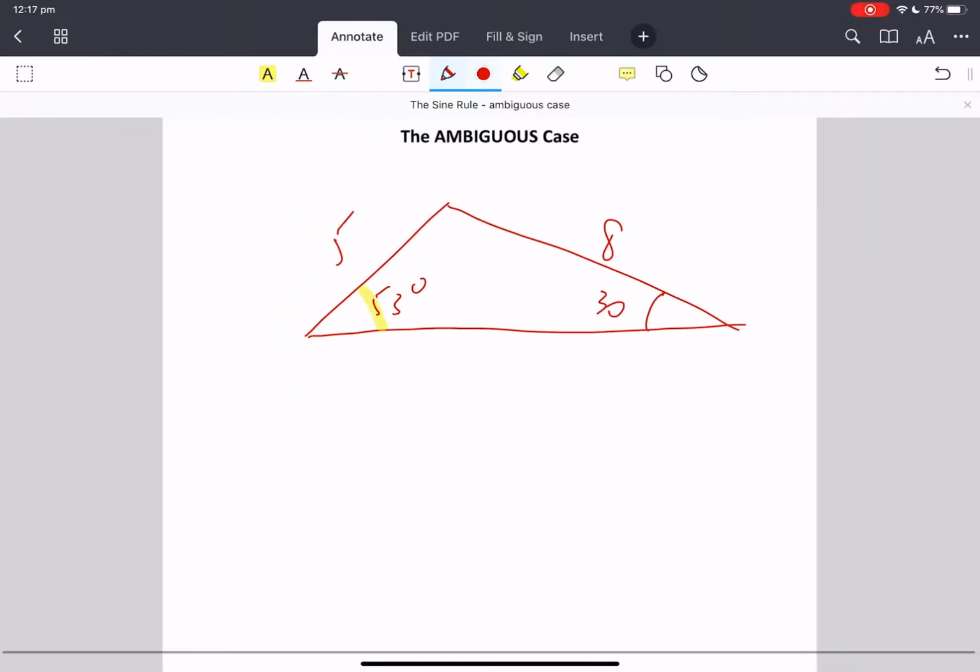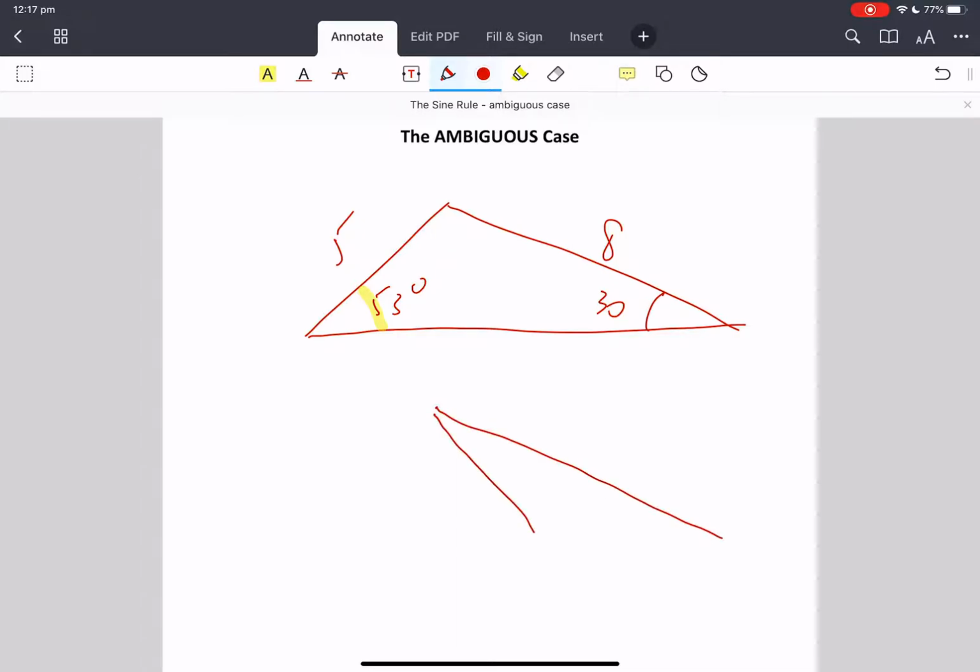The ambiguous case is if we don't have a diagram, who's to say that the triangle doesn't look like that, which is 8, 30. This side length is still 5, but all of a sudden that angle isn't 53, it was 127.